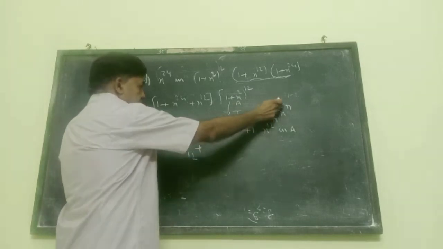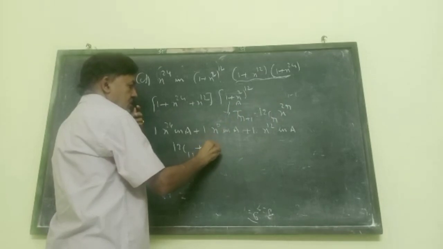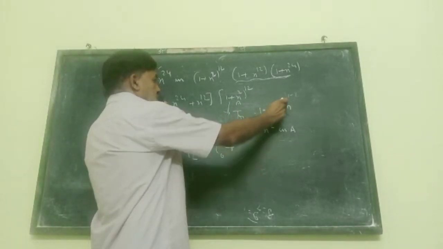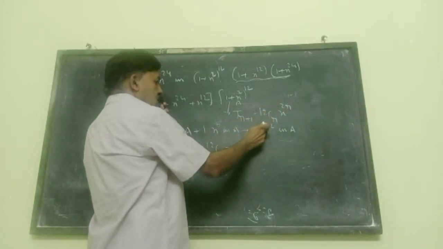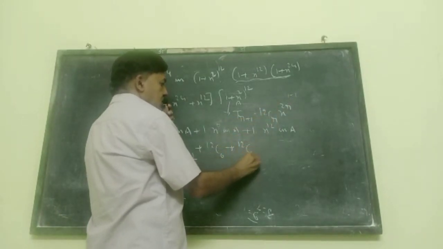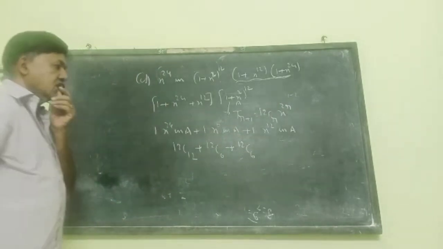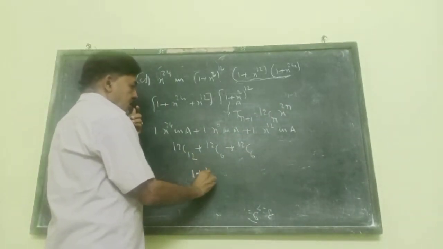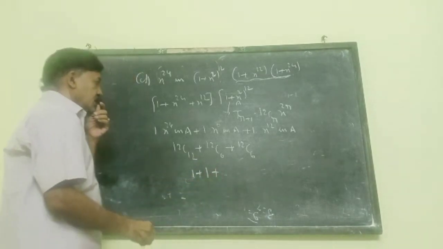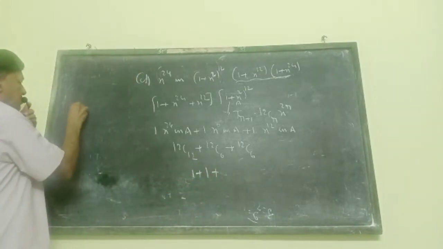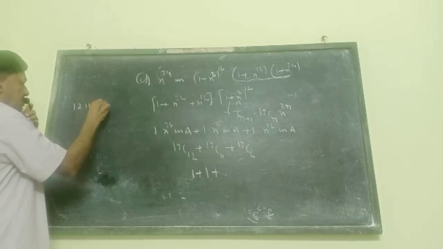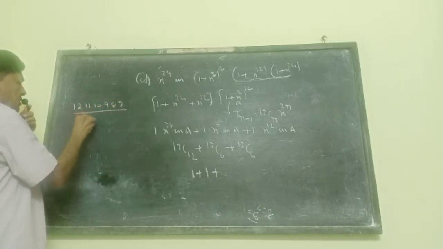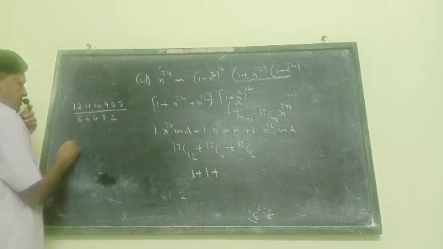X power 0 means R is what? 0. So 12C0 means 1. Next, 2R is equal to 12, R is equal to 6. So 12C6. Right. So 1 plus, this is 1 plus, what is the 12C6 estimate? 12, 11, 10, 9, 8, 7 by 6, 5, 4, 3, 2.